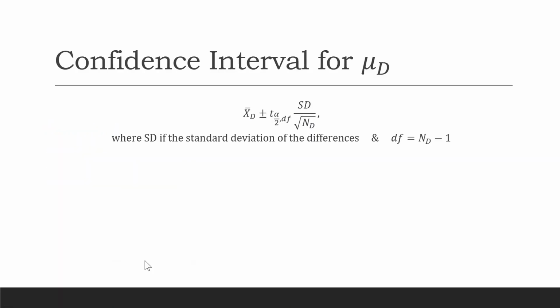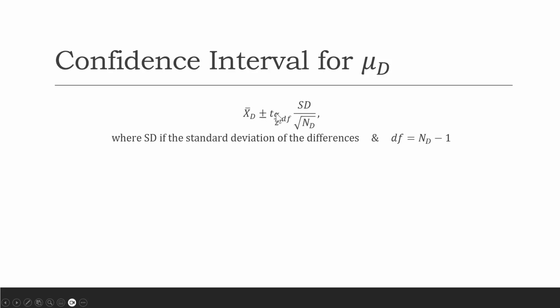All right. Last but not least, we want to talk about the confidence interval for mu sub d, right? Remember, all of our confidence intervals are two-sided in this course. And we're going to have our point estimate, that means our sample mean difference, plus or minus our test statistic.